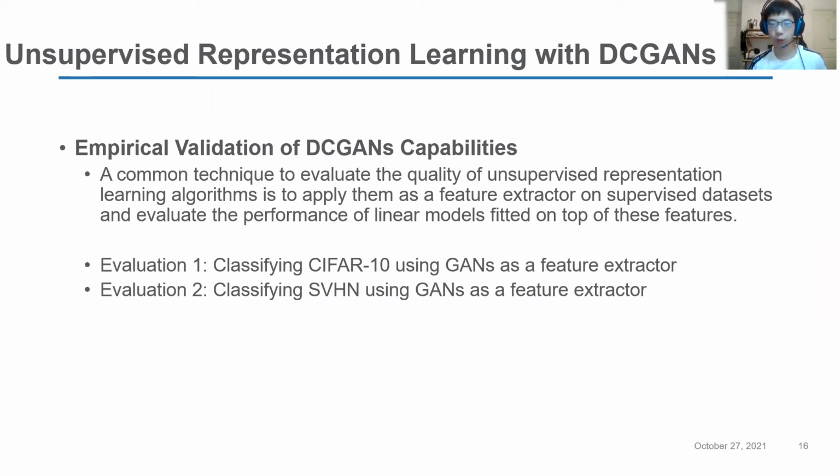The performance of the linear model reflects the quality of these representations of images, because the better the extracted features represent the images, the easier it is for the classifier to classify. They perform 2 evaluations. The first is to classify CIFAR-10, and the second one is to classify SVHN.